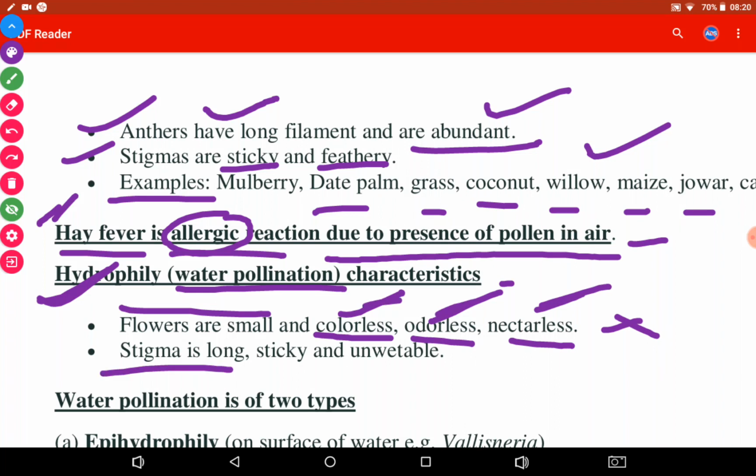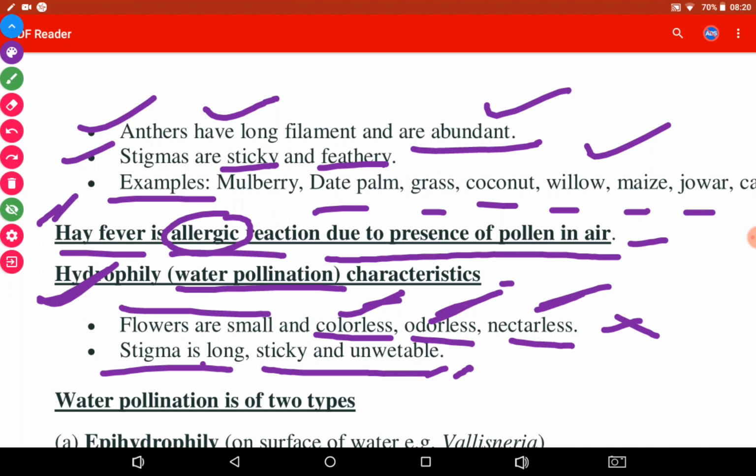This is not required. And the stigma is very long, so that it can trap more pollen grains coming by water. Sticky and unwettable. The stigma should be long and sticky; both characters are helpful in trapping more pollen grains.